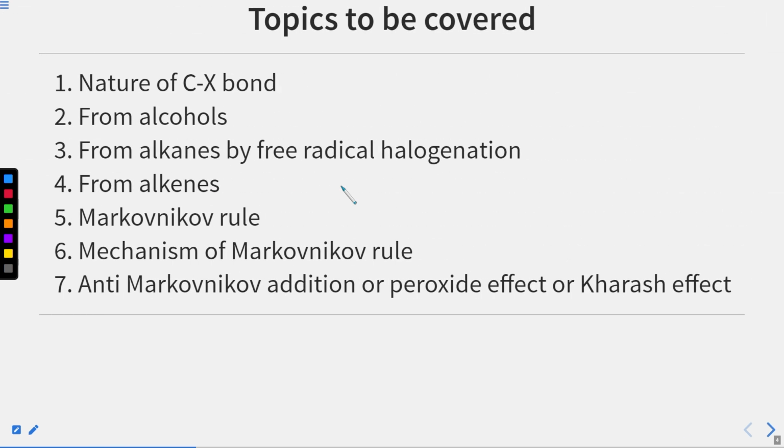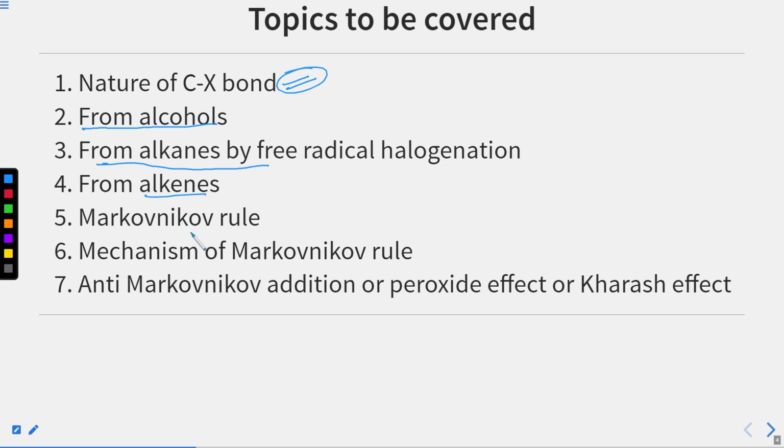Okay, now if I talk about the syllabus, the topics to be covered today. First of all, we will give a quick revision to this nature of CX bond again, because this is important in the chemical reactivity part also. Then we will move to the preparation part, starting from alcohols, then from alkene.